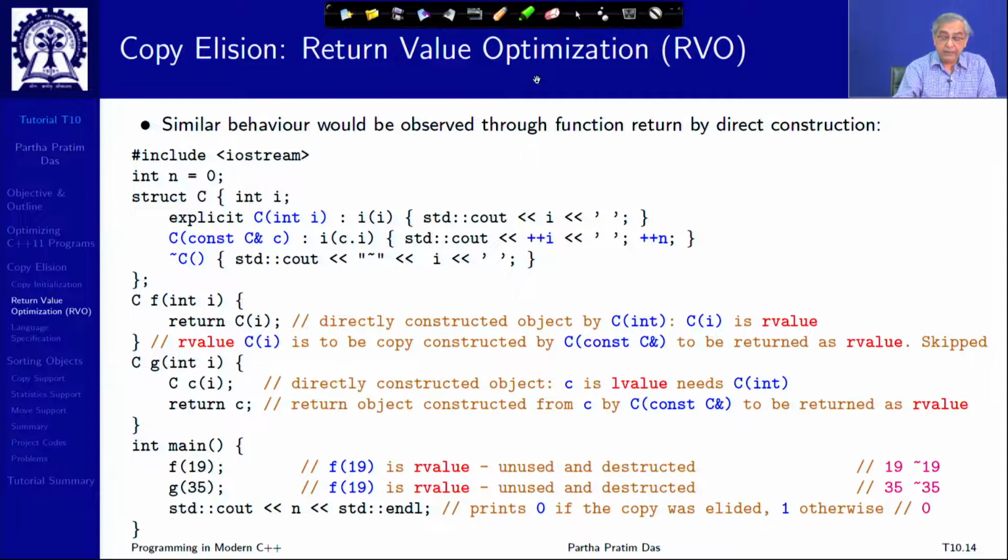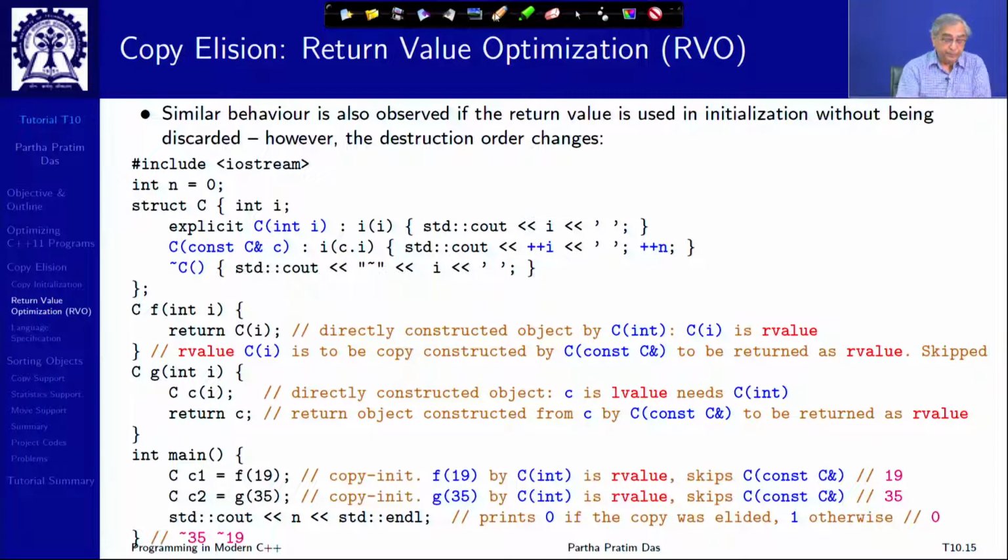Now, let us give it a little twist. This is the same, except that now instead of just invoking the function, I am invoking the function to initialize two objects C1 and C2. You will see the same behavior, 19 constructed. So, this is constructed, but the copy constructor is not invoked.